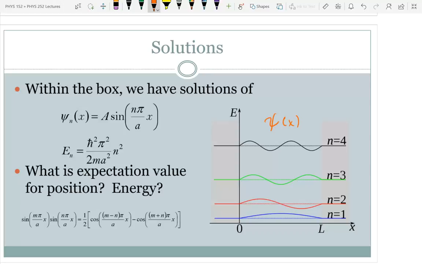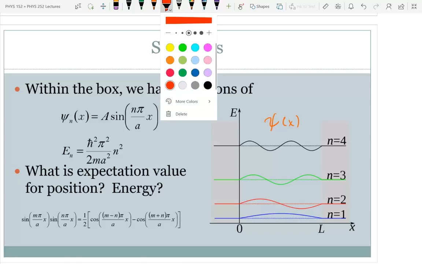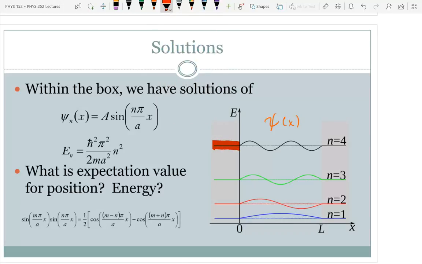On the top one, where am I absolutely never going to find the particle? Not in the troughs. The places where the wave function is 0. So I'm not going to find it here. I'm not going to find it there, there, or here.